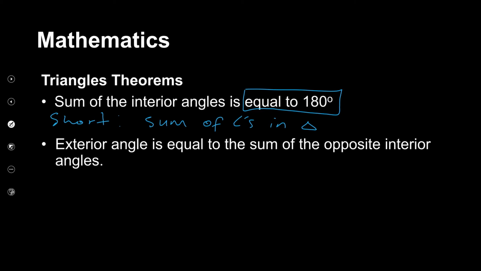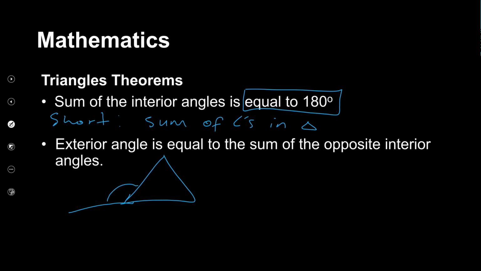Also, we have what we call the exterior angle is equal to the sum of the opposite interior angles. Now, this has to do only with a triangle. And how to actually see this will be when we have one side that is produced, which we're going to talk about as well.